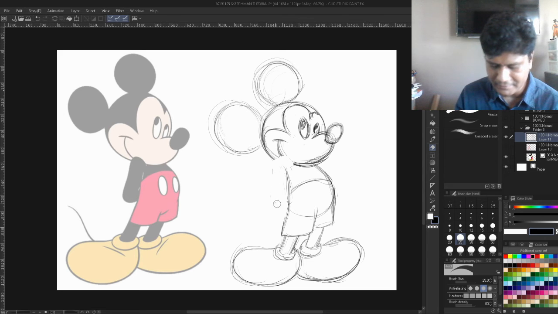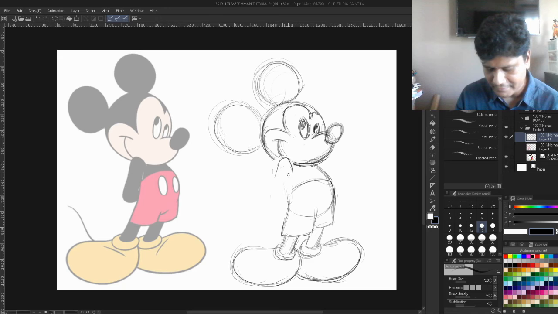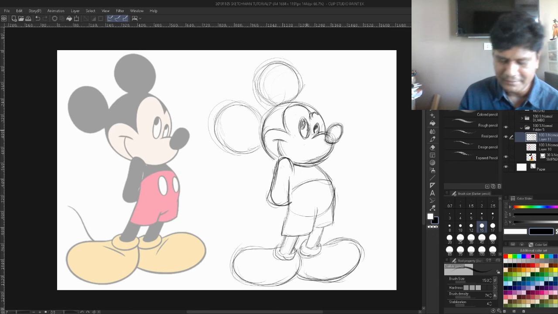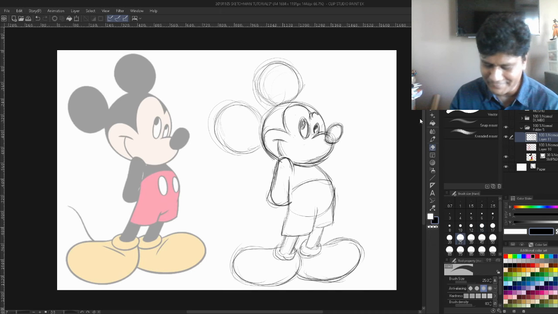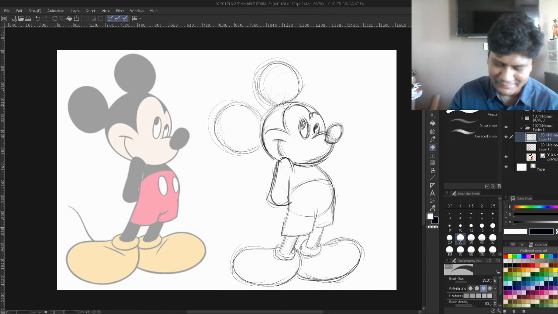So I think it's this arm here. He's kind of doing the thing kids do when they're in sort of trouble or also proud. It's really interesting.